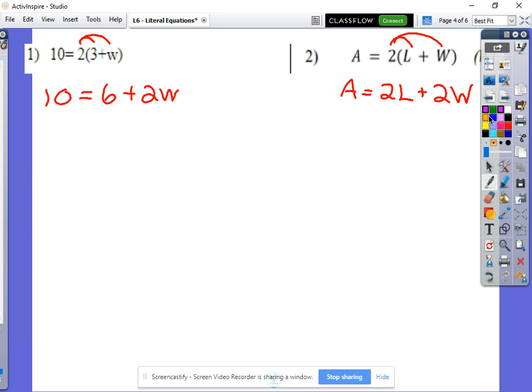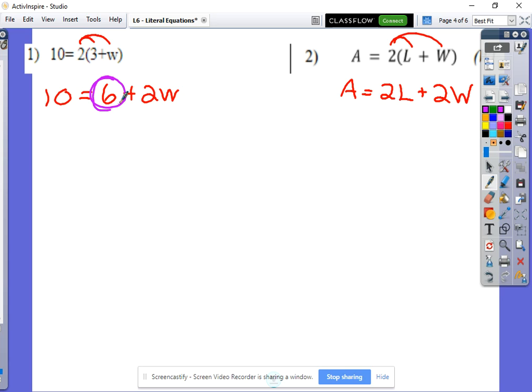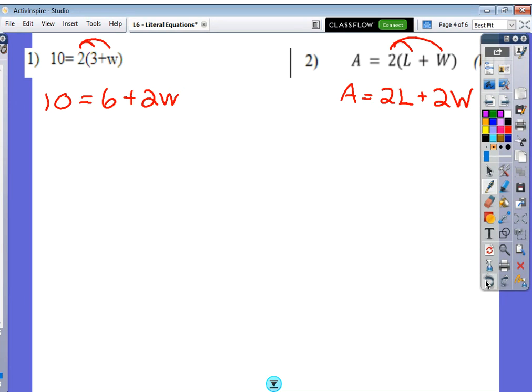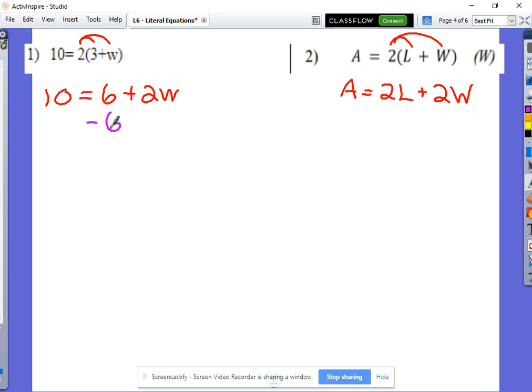Okay, same process. Now we're trying to solve for W, so we need to move this term to the other side. How do we move a positive 6 to the other side? Hopefully you're thinking subtraction. So to undo a positive 6, we subtract 6. Those cancel. 4 equals 2W. Same thing here.